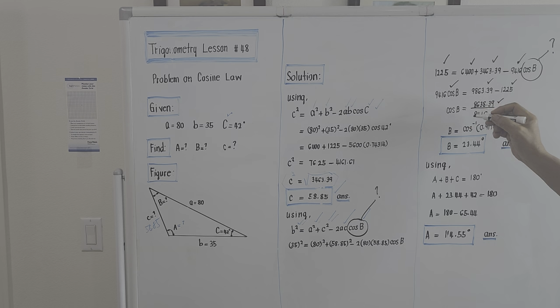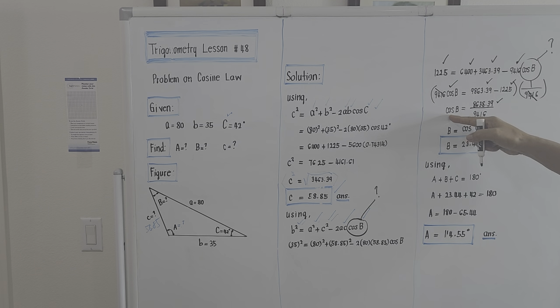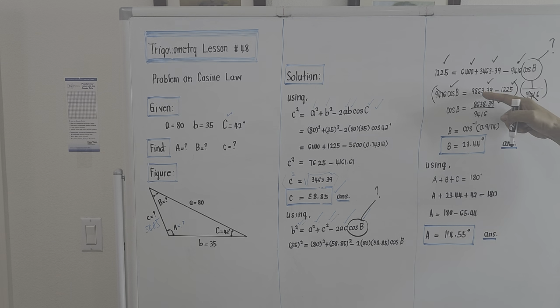So we multiply this by the reciprocal, 1 over 9416. The left hand side cancels with this. It will now be simply cosine B equal to 8638.39 all over 9416. That's less than 1.